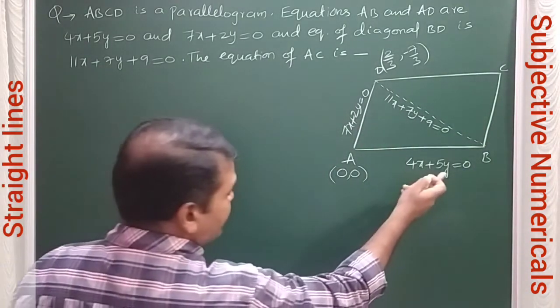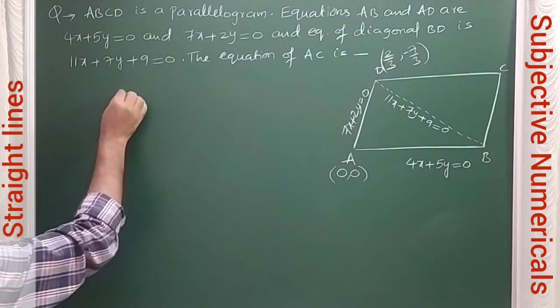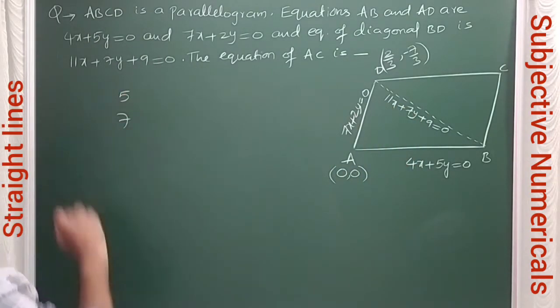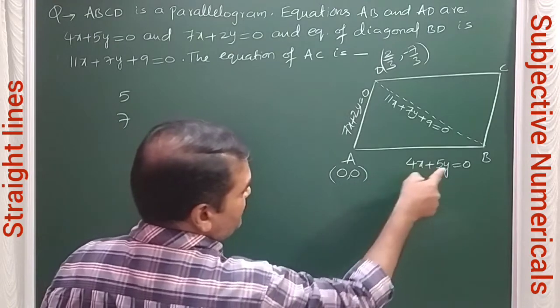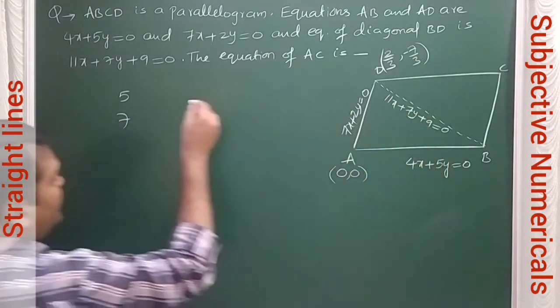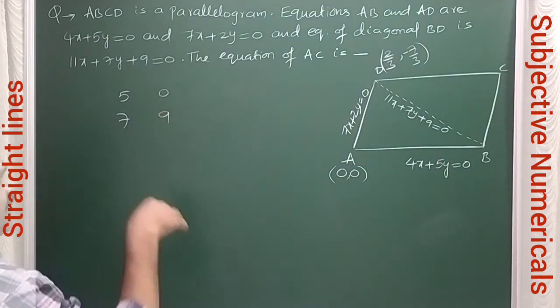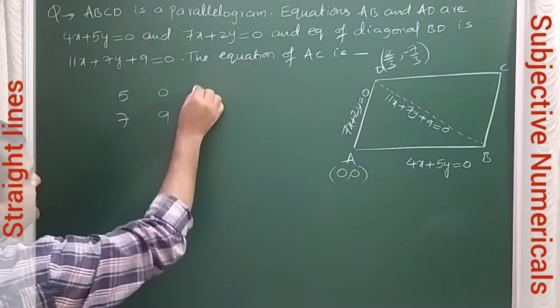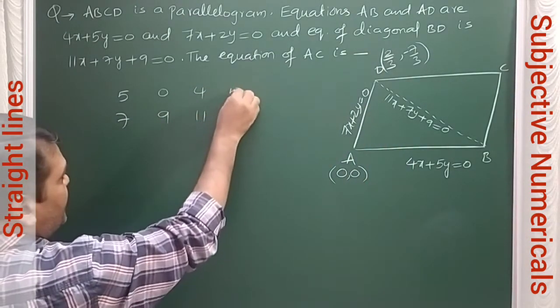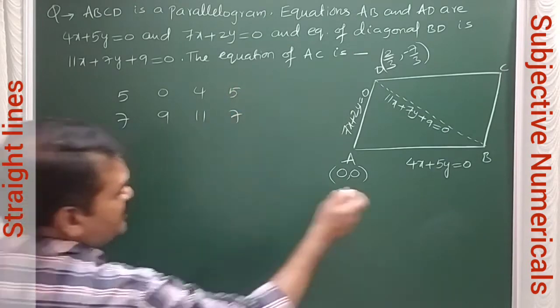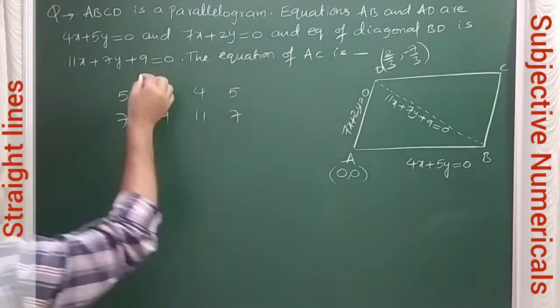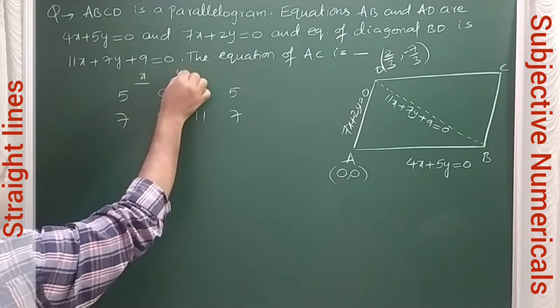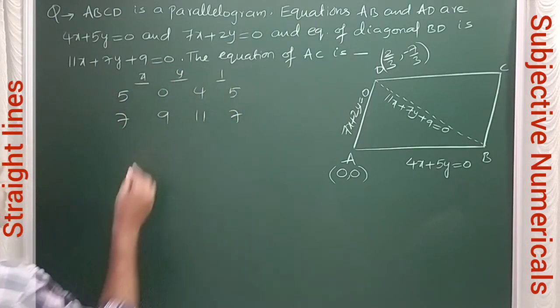First I will write the coefficients of y, that is 5 and 7. Next I will write the constants 0 and 9. Next I will write the x coefficients 4 and 11. Next again the y coefficients 5 and 7. So here x, y, and here 1.